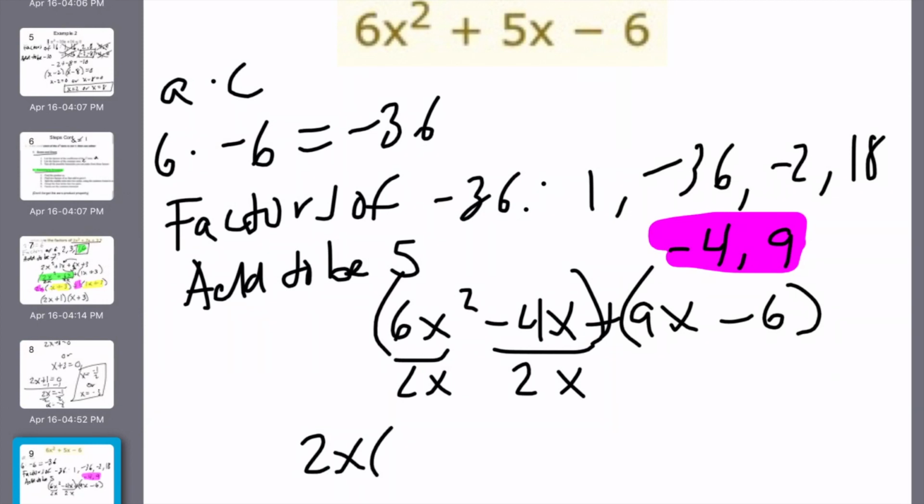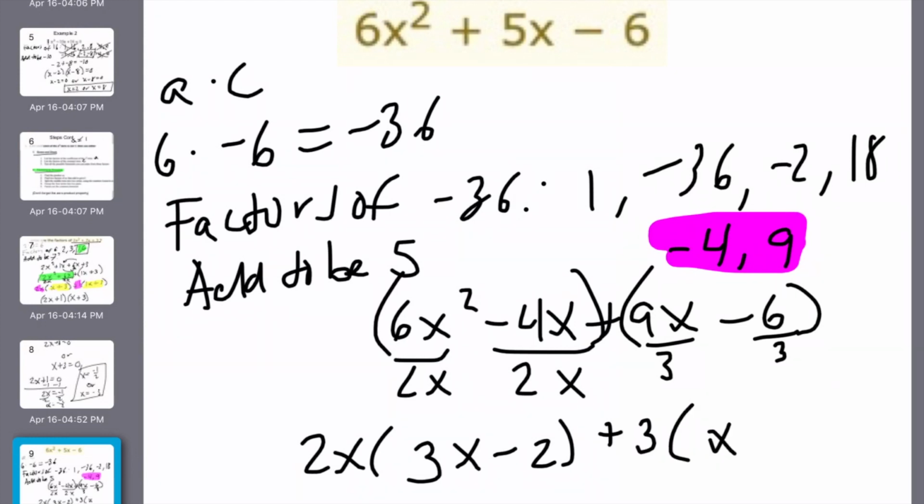So out here, I'm going to have, let's see, 3x minus 2. And then over here, between 9x minus 6, their common factor is for sure going to be 3. So dividing by 3 on both sides, I'm left with, whoops, 3x minus 2.